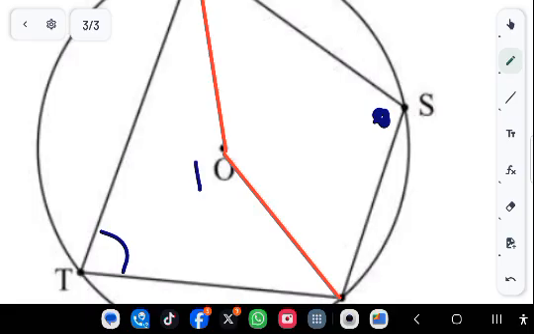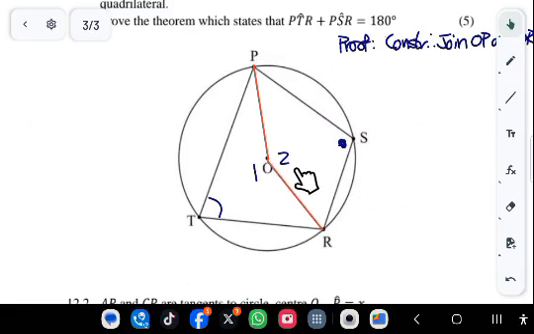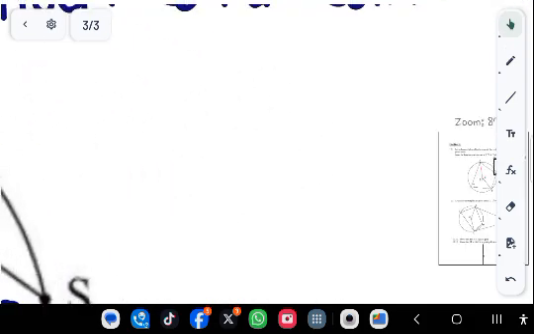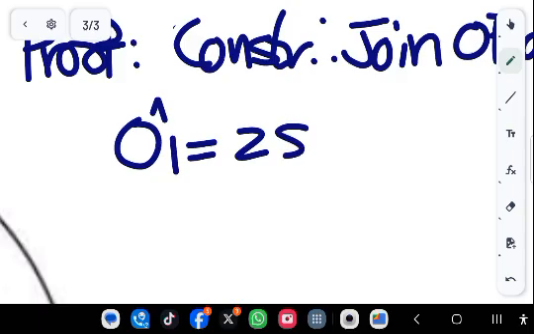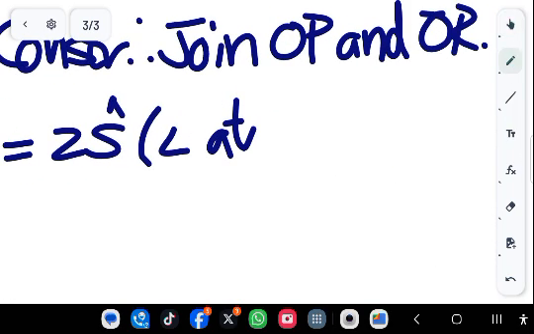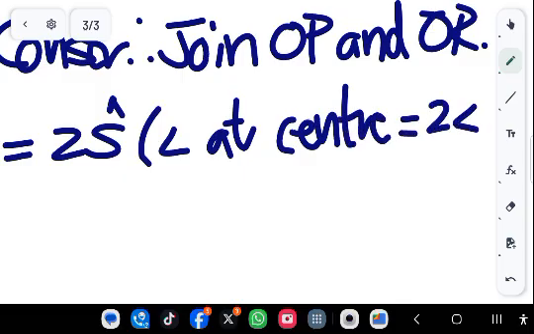Okay, we'll let this be angle O1 and that is O2. Angle O1 equals 2 times angle S. The reason is angle at center equals twice angle at circumference.